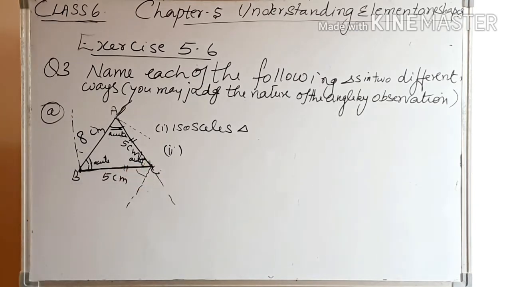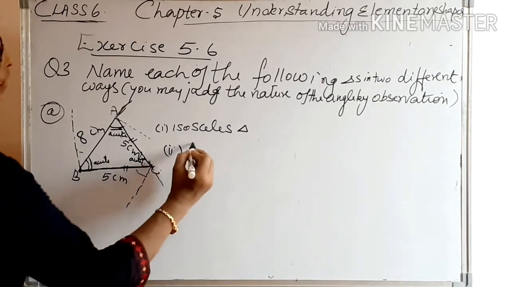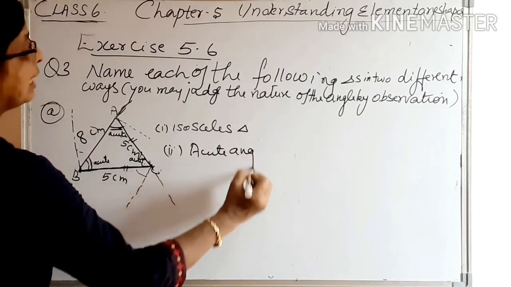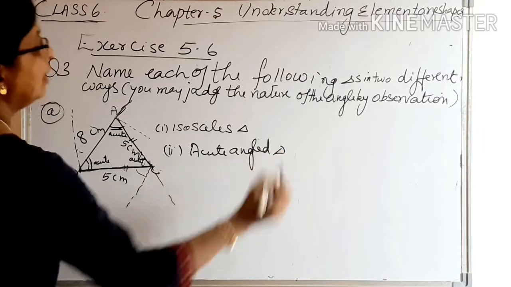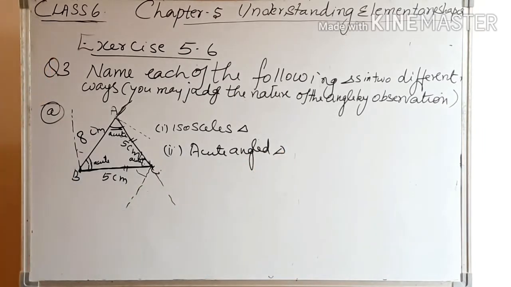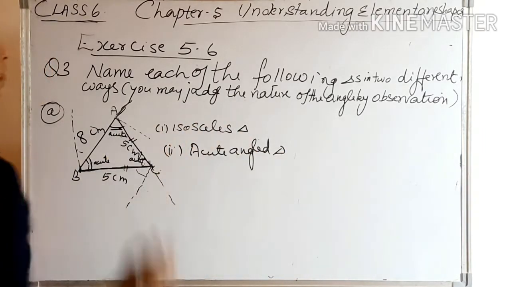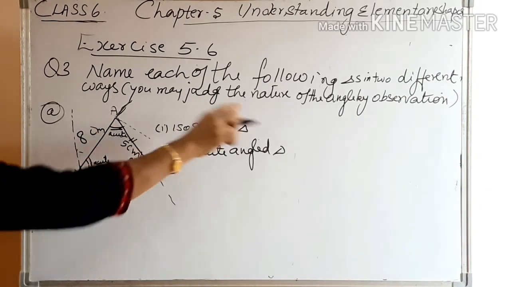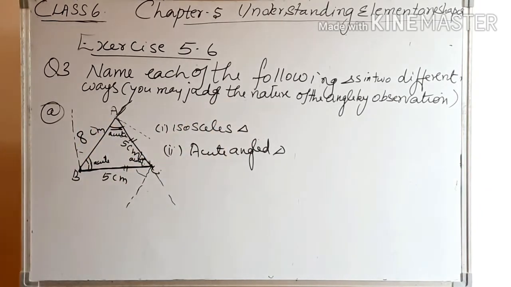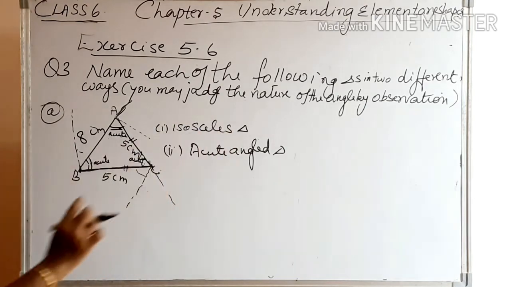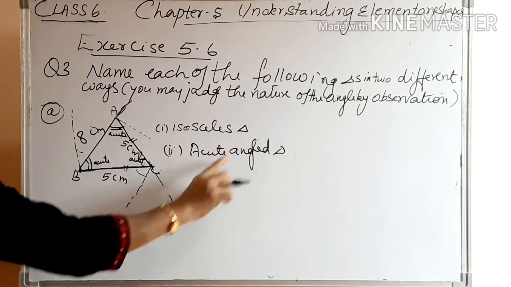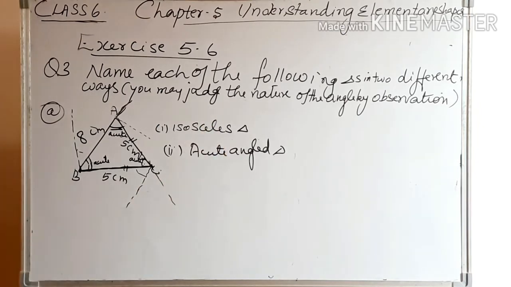All 3 angles are acute, therefore this is an acute angled triangle. 2 different ways we have stated its name. 2 sides are equal, therefore this is an isosceles triangle. 3 angles are acute, therefore this is an acute angled triangle.